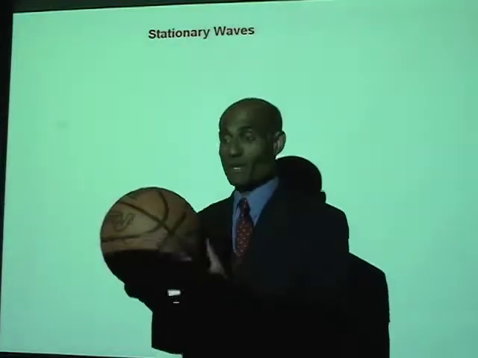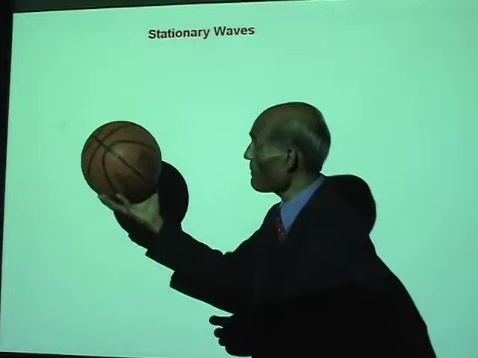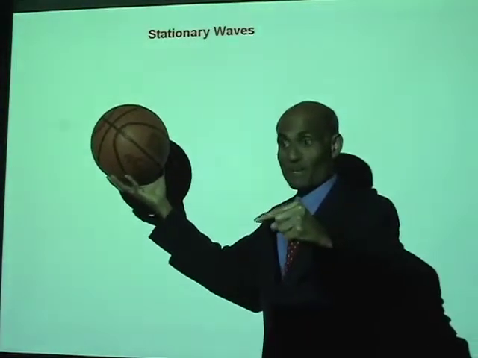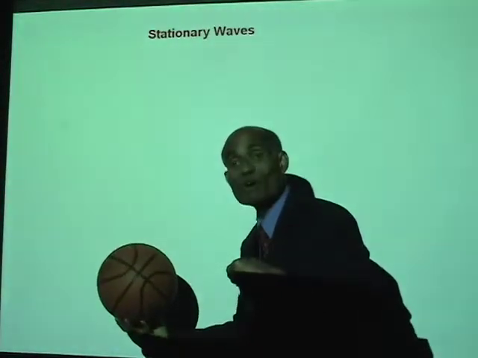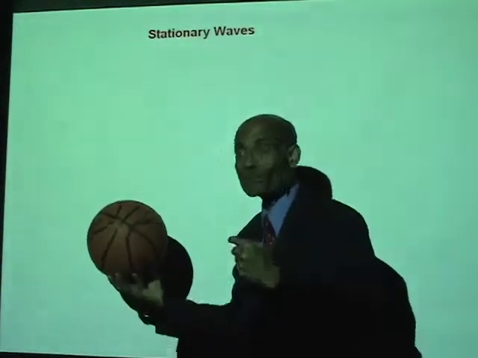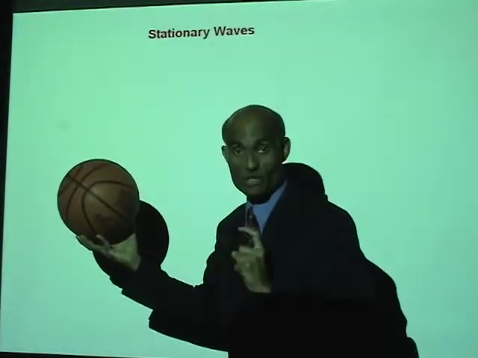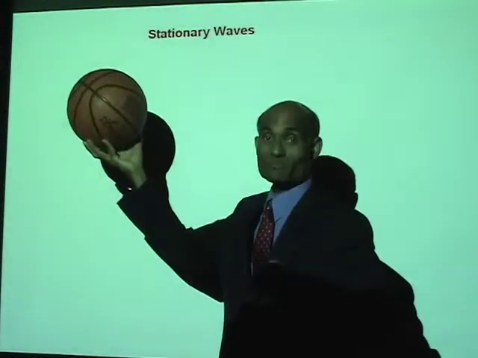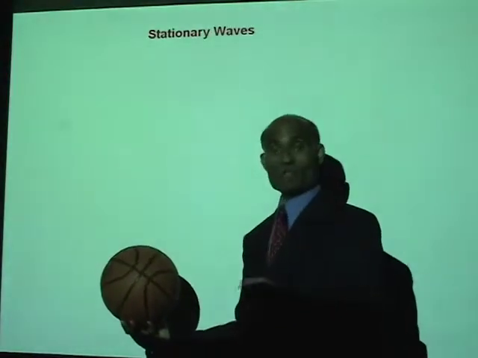For example, if this particle is going to be in the upper extreme due to one disturbance, and due to the other disturbance it has to be at the lower extreme, what will this particle do? This particle has been instructed by disturbance 1 to be at the upper extreme and disturbance 2 at the lower extreme.